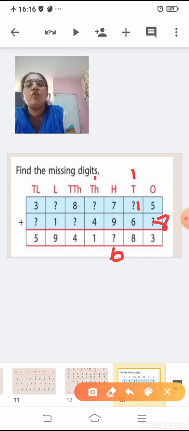So if I add 4 plus 1, it will give me 5. So which number if I add to 5, will I get 1 here? So 5 plus 6, if I write here, it will give me 11, where 1 is written in the thousands place and 1 is carried to the ten thousands place.